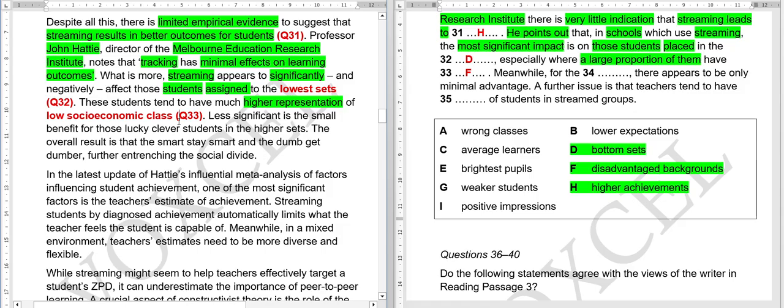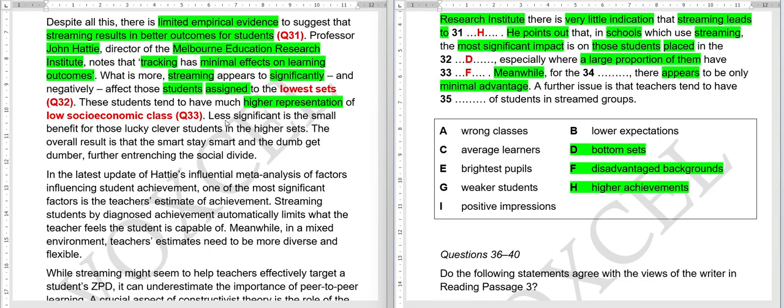Clear? Let's read the 34th question now. Meanwhile, for the blank, there appears to be only minimal advantage. Now, meanwhile means now we're talking about the opposite. For the blank, there appears to be minimal advantage. So obviously meanwhile means opposite, so this is negative, so this is positive, but the positive is not that much.